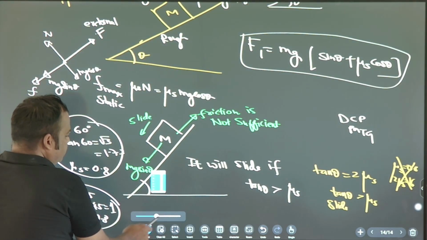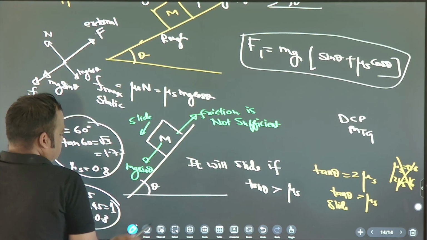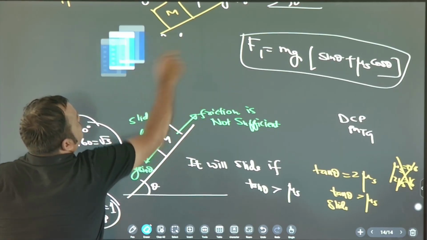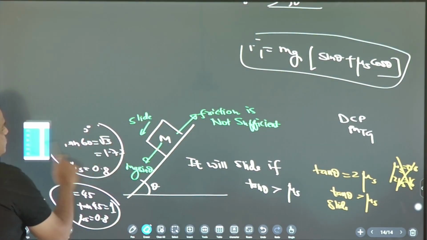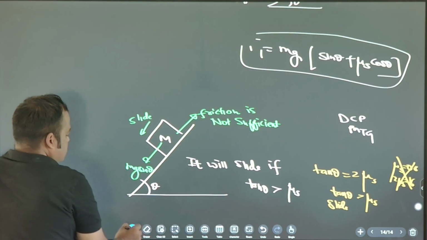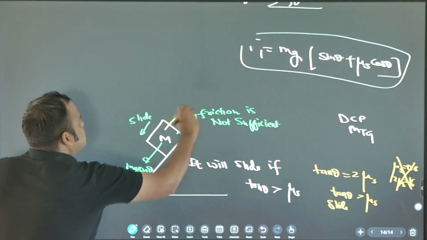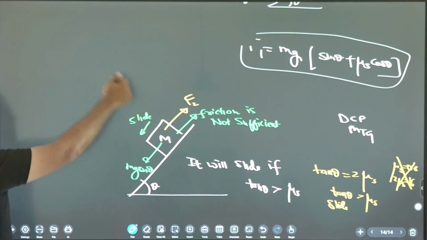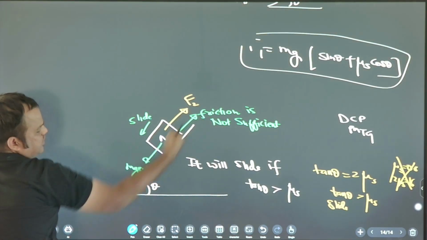So what minimum force is needed? Suppose the minimum force needed is this, F2. Balance this: this plus this is equal to this.